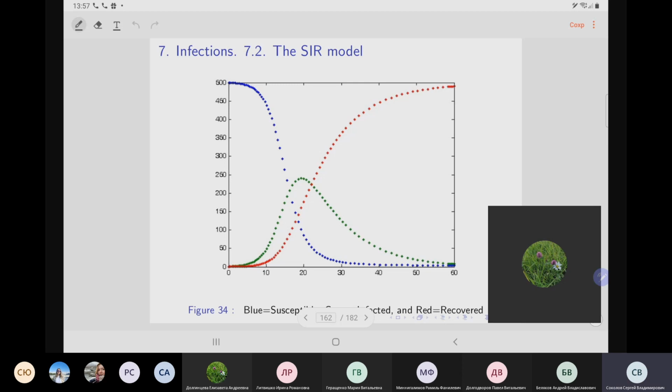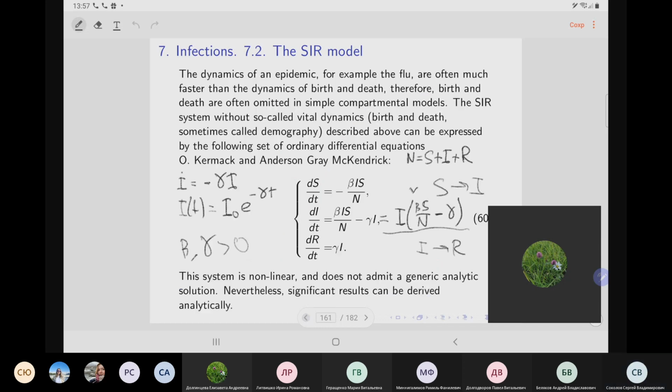So the usual solution of our equation looks like this. Blue is the susceptible number, red is the removed or recovered number, and green is the infected number.